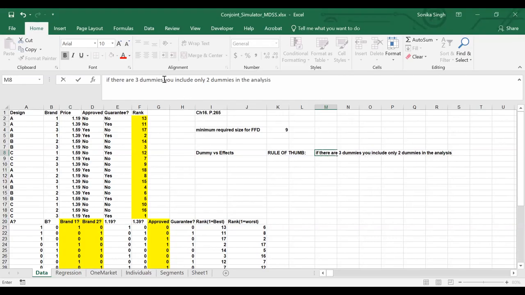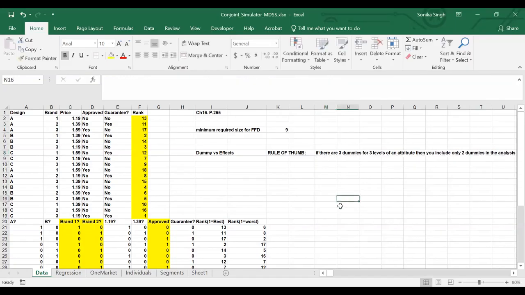So if there are three dummies for three levels of an attribute, then you include only two dummies in the analysis for that attribute. So remember this rule of thumb.